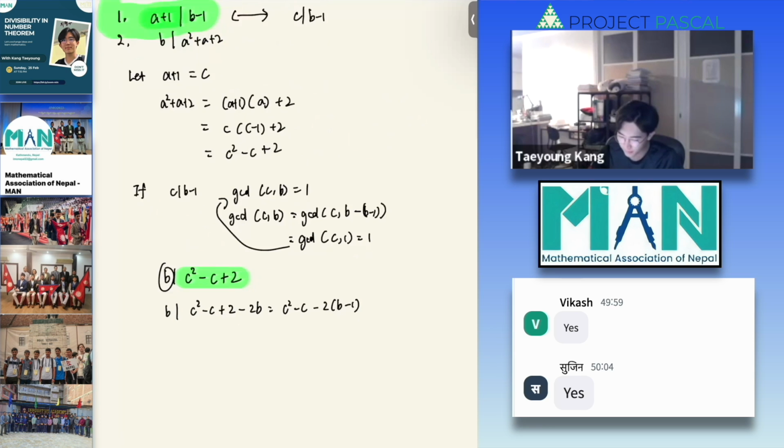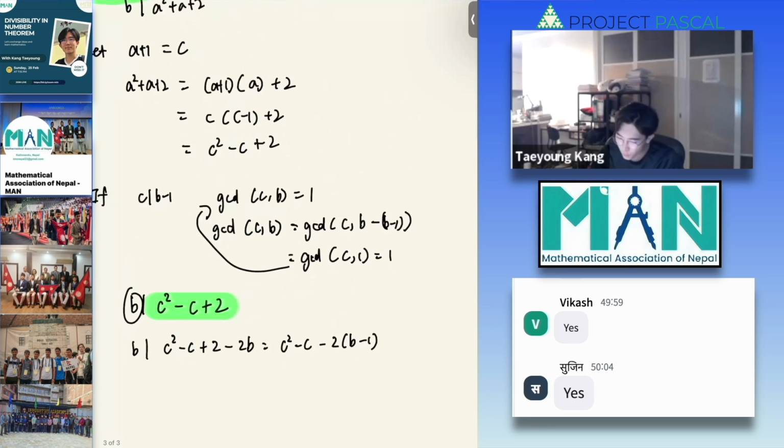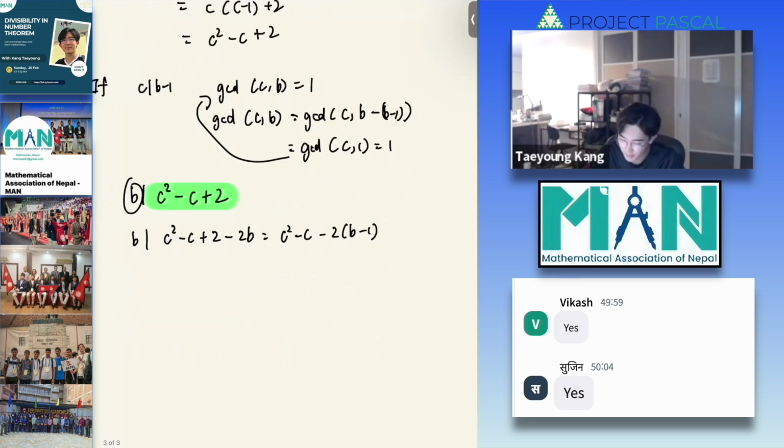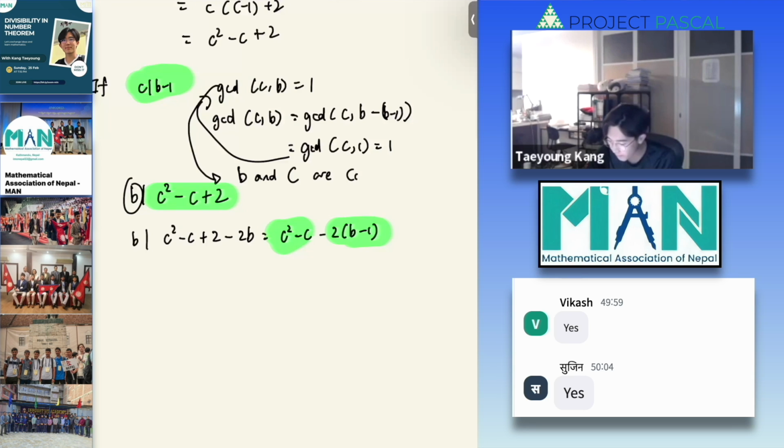Condition 1 states that C divides B minus 1, so this is divisible by C. But at the same time, this is also divisible by C. And we know that B and C are coprime.